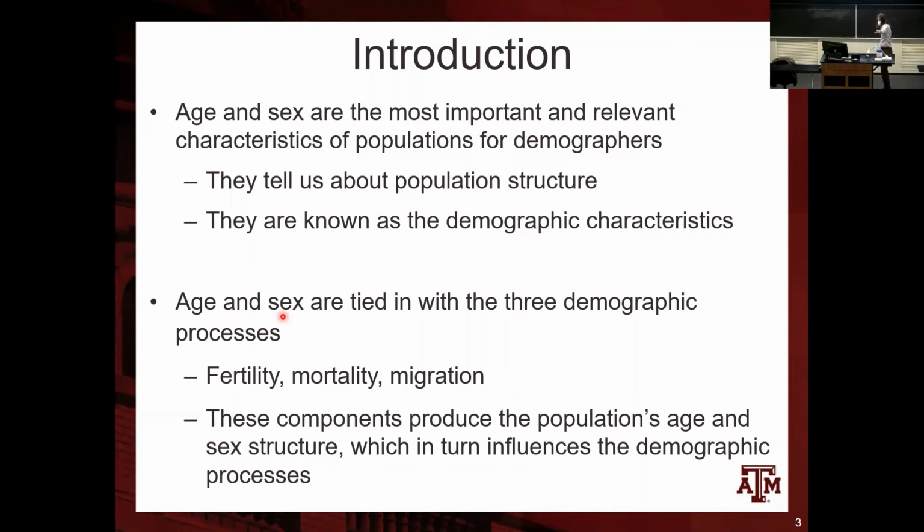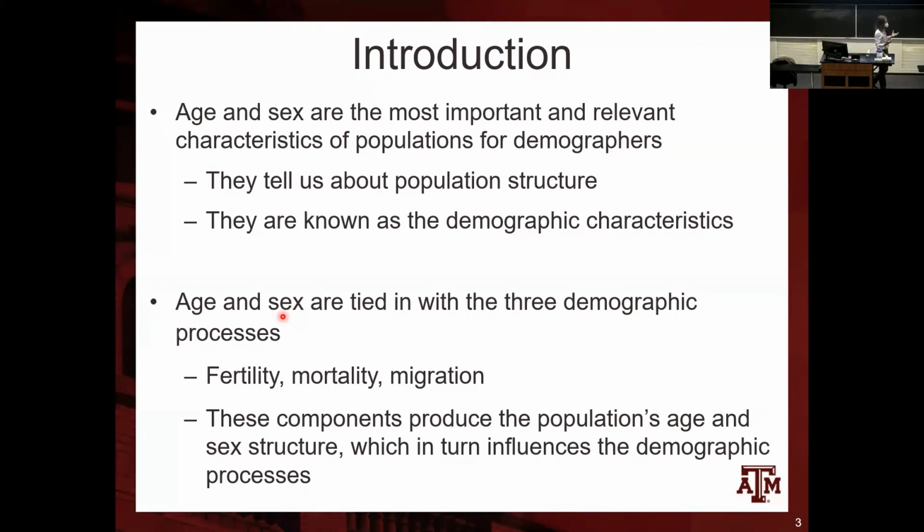And if you have the other way around, a country that has a lot of emigration, a lot of people leaving those countries, you might see a dip between the ages of 20 and 40. That's where people migrate more. And if you have fewer people there, you can observe that on the age sex structure of that population.